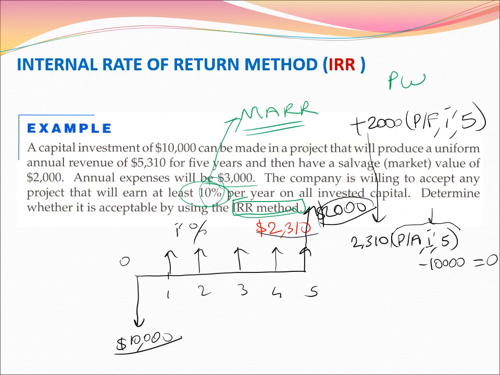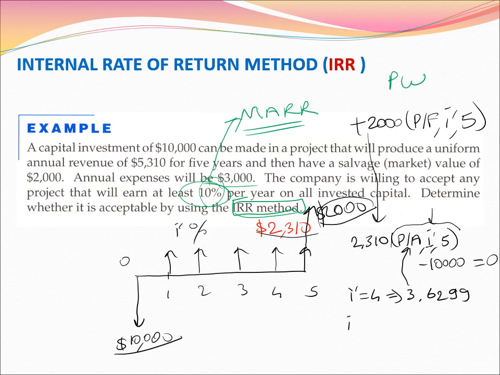For example, if you look at the table, when i prime is equal to 4, this factor P given A is 3.6299. Then use this in this equation and find the value to see if it is equal to 0 or not, and to see if it is greater than 0 or not.